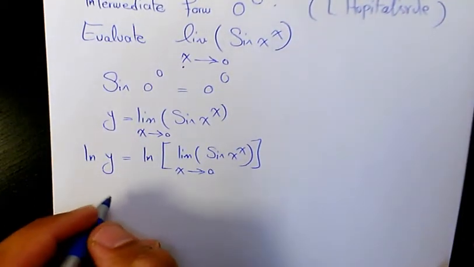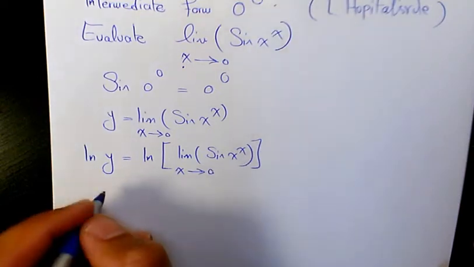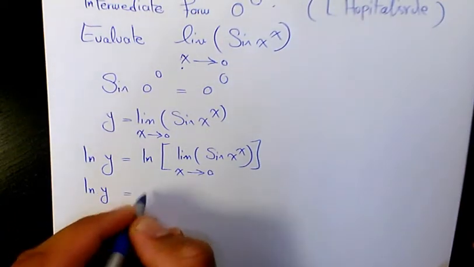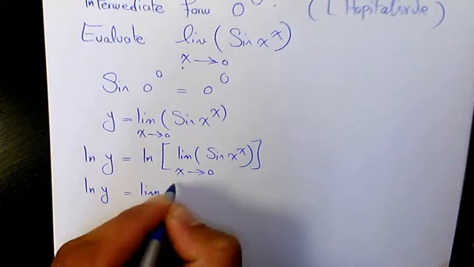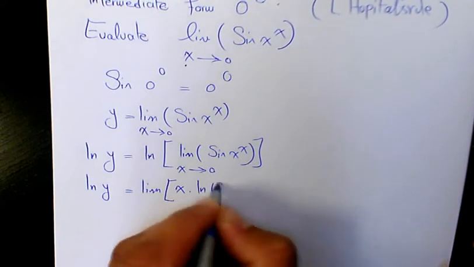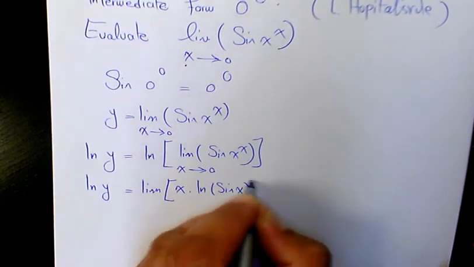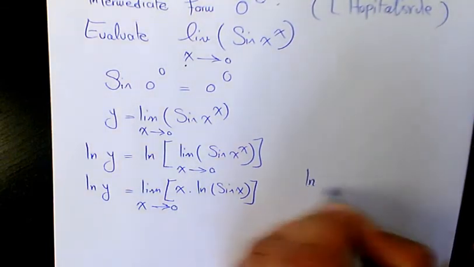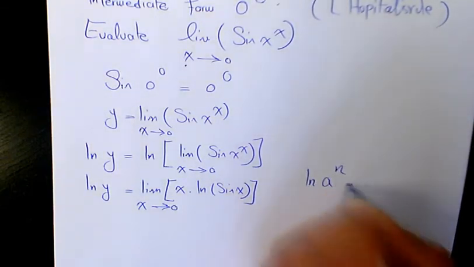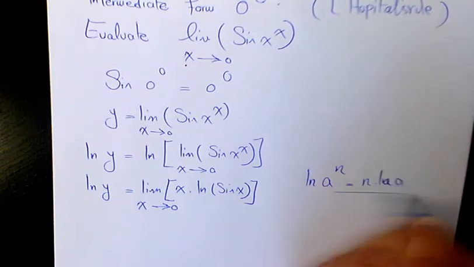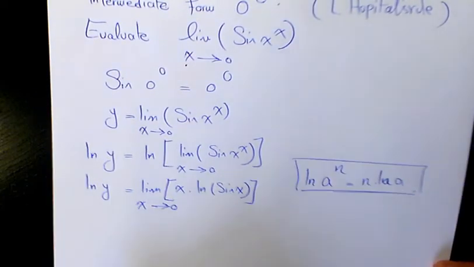So that's going to be ln y equals the limit of x times ln sine x when x is approaching 0. You know, when you have ln a to the power of n, you can write it as n times ln a. So that's how you deal with it.